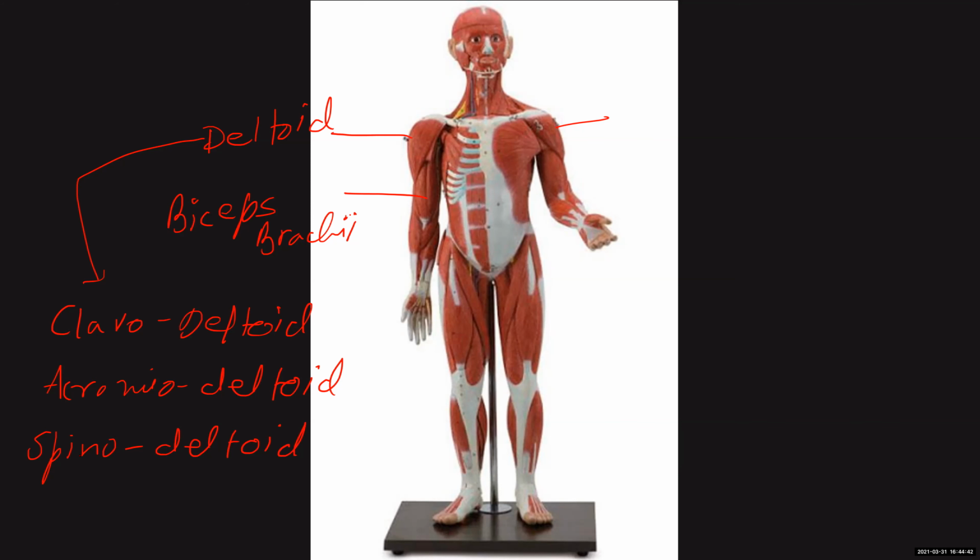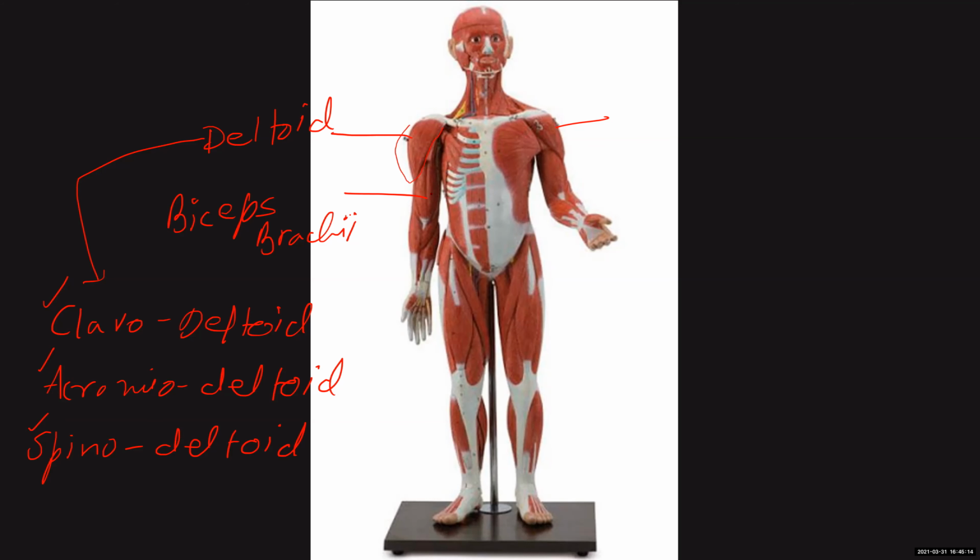Basically, three segments of deltoid which are originating from the clavicle, originating from acromion process of the scapula and scapular spine, and all three are inserted into the deltoid tuberosity of the humerus. Hence, the names are clavo, acromio, and spino. However, you don't see them separately. You rather see them as the one large muscle, the deltoid.